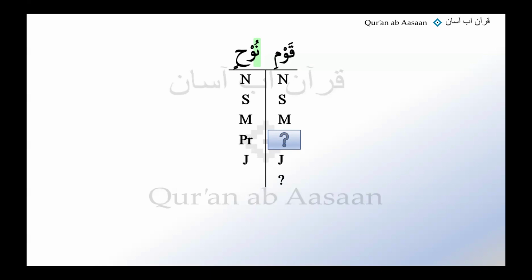And then, question mark? No, I look back. This Qawmi has no al, no tanween in place of the blue question mark. Now we know that this is a no al, no tanween noun followed by this noun in Jar. So this is a no al, no tanween possessed noun.